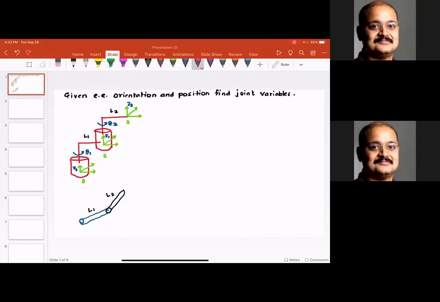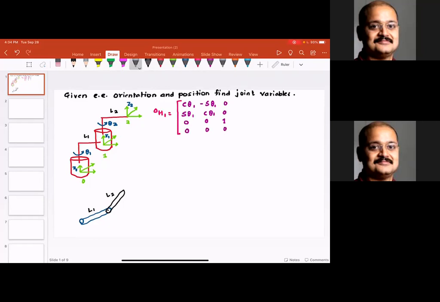So first homogeneous transformation matrix is 0H1.